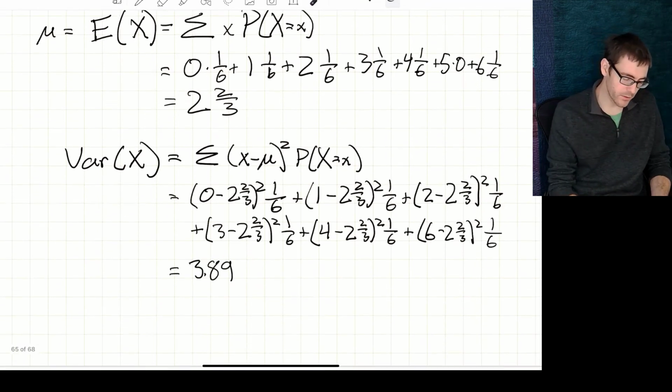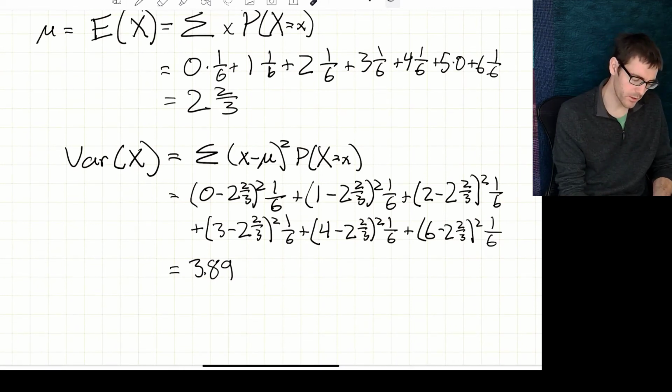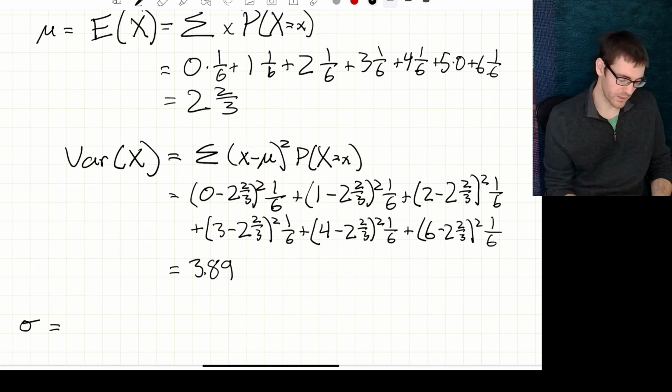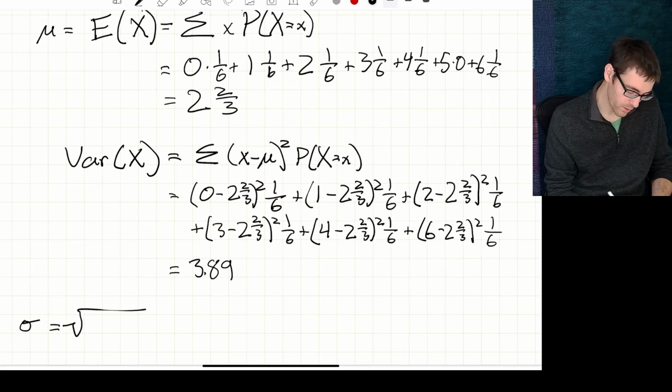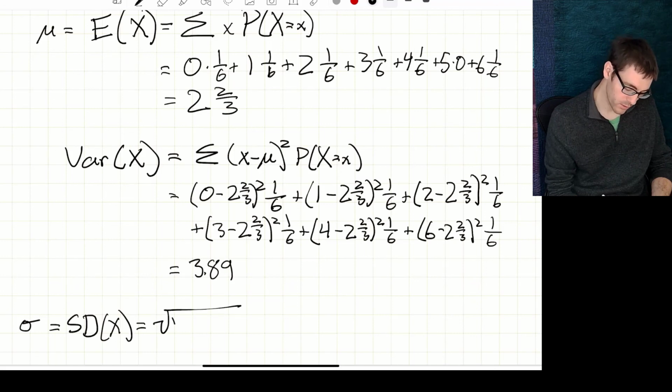Now, variance is great, and we will use it because it makes a lot of calculations a little bit easier, but when we're trying to understand a distribution, standard deviation gives us a better sense of what's happening. So just like before, the standard deviation, which we're going to denote as either sigma or SD of X, is going to be the square root of the variance.